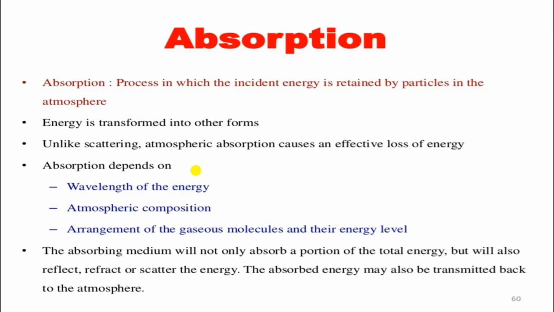Now, absorption. We know that if we impart some electromagnetic energy on an object, it could be absorbed. Generally, it is a process in which the incident energy is retained by the particles in the atmosphere. It's called absorption. Energy is transferred into other forms.